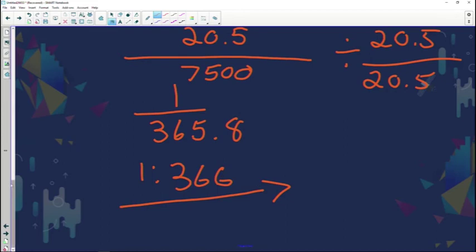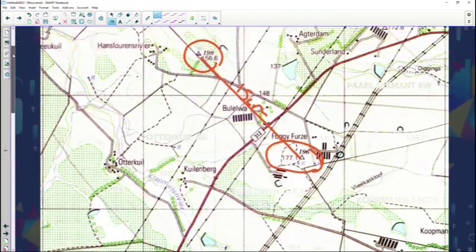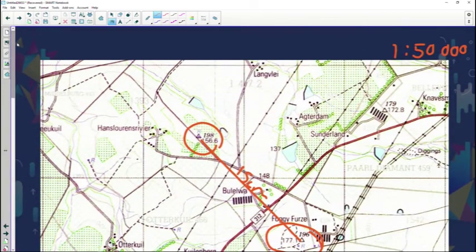Now, grade 12s, the two examples that I've just done come from a topographical map. What's going to happen if they ask you the same question to calculate the gradient on an orthophoto map?